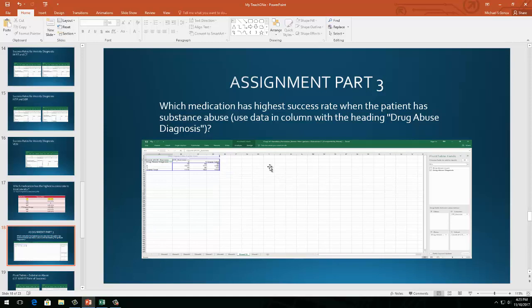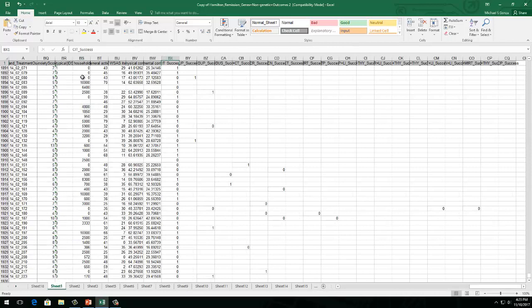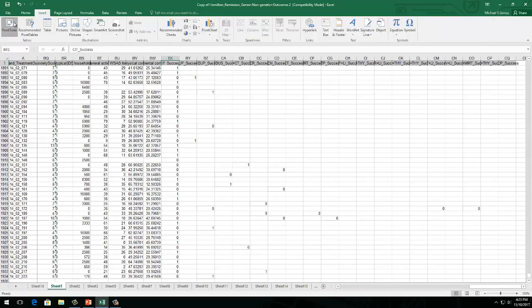Now for part 3, it asks which medication has the highest success rate when the patient has substance abuse. So instead of generalized anxiety diagnosis, we're going to use drug abuse diagnosis. So we're going to go back to our data, and we're going to create a new sheet, a new pivot table.